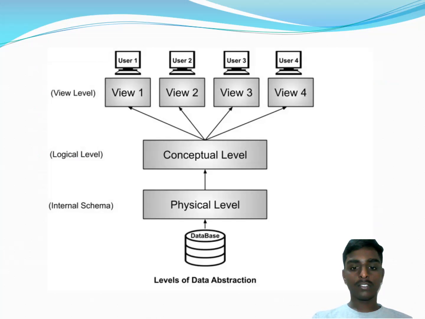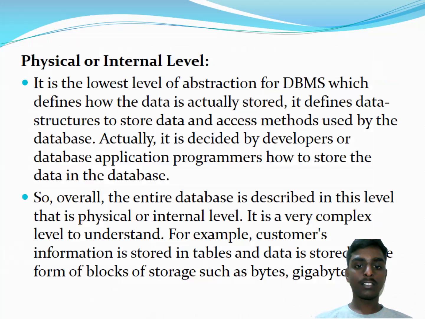The database is connected to the physical level, then the conceptual level, and then the view level. Physical or internal level. The first level is the physical or internal level. It is the lowest level of data abstraction for DBMS, which defines how the data is actually stored.